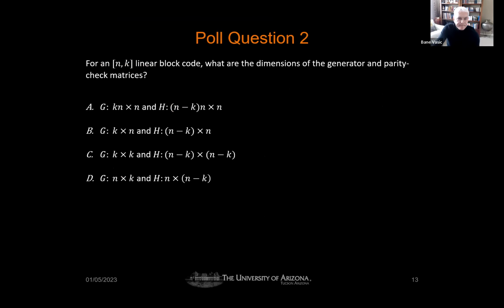So here is another question. Remember, we have k information bits, and we added some extra parity bits to create a code word of length n.